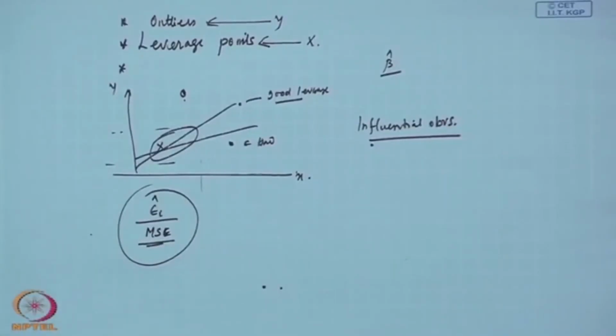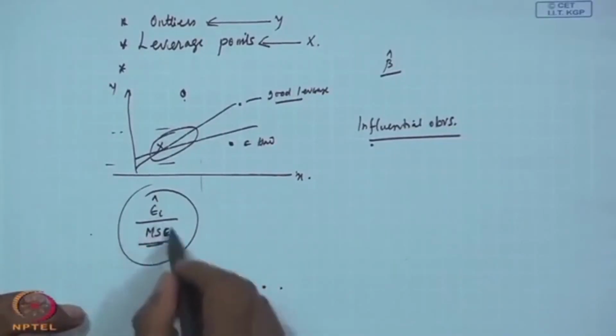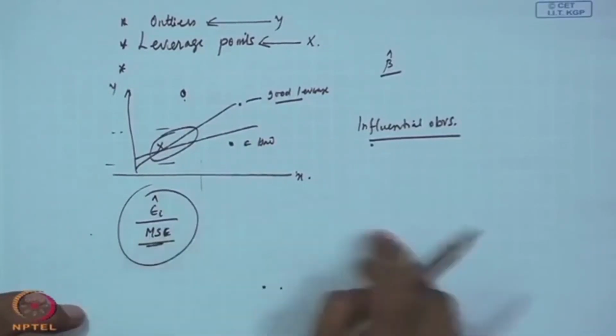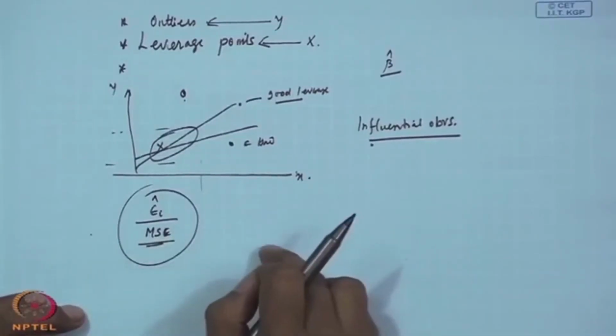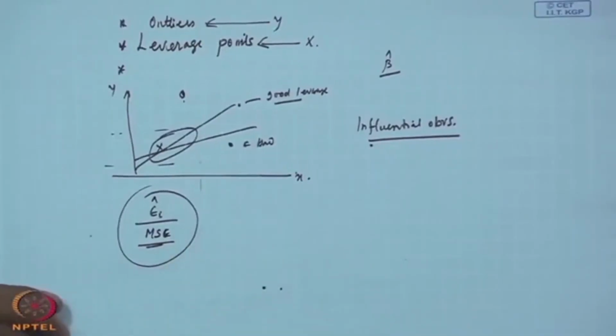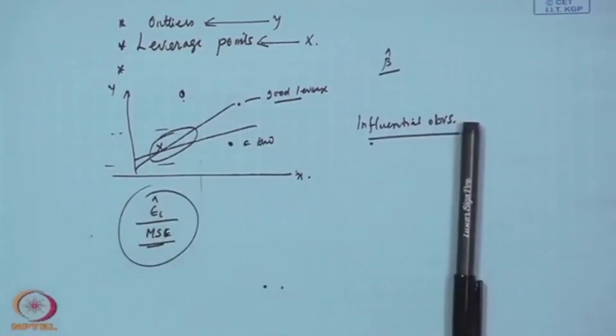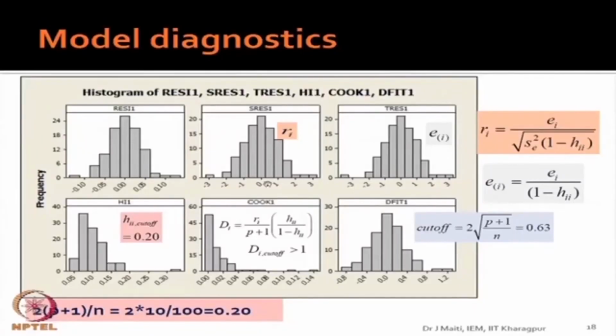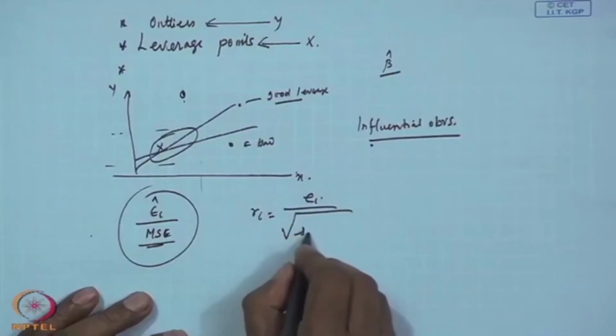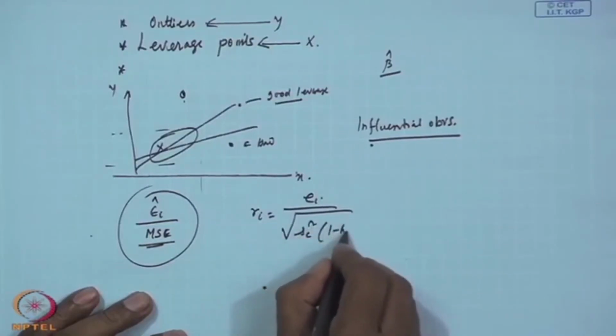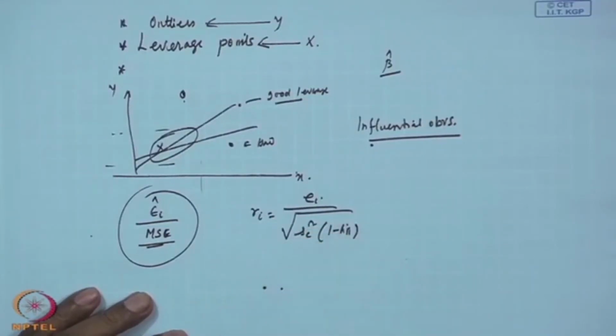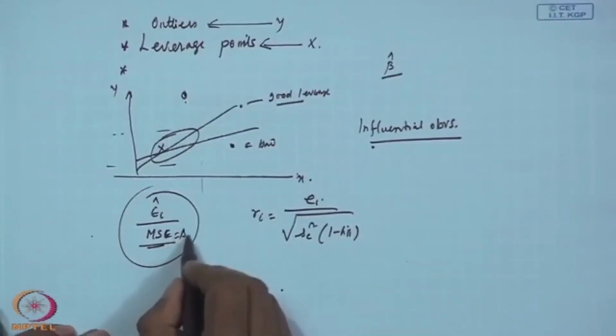What is your studentized residual? Studentized residual says that this MSE may be affected by large observations or large residuals like outliers. So then it should be normalized. That normalization is done here, like your studentized residual, if I say Ri, which is ei by square root of MSE into 1 minus hii.